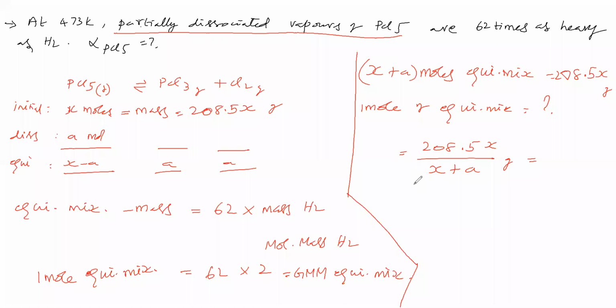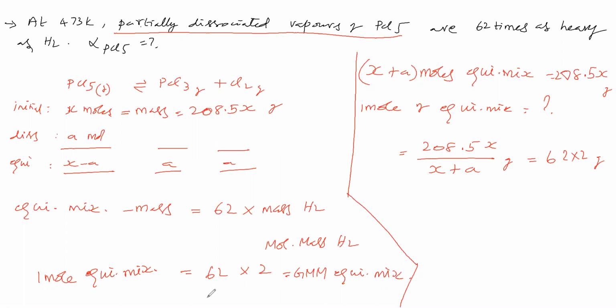Now we have to consider that 1 mole of equilibrium mixture mass is 62 into 2 gram.